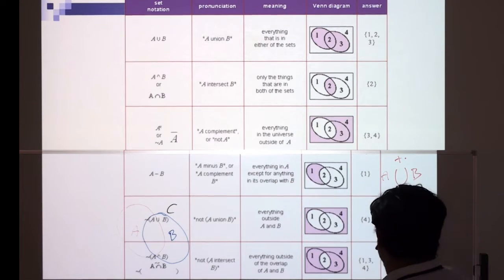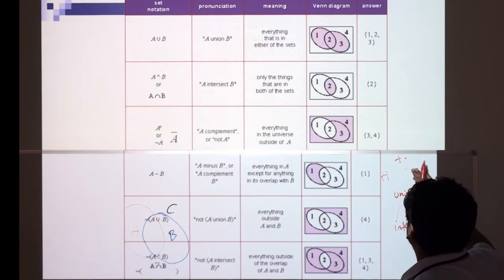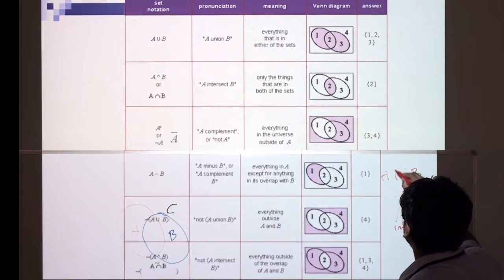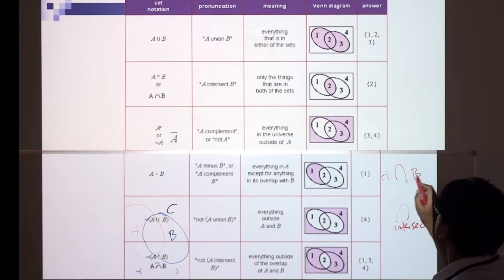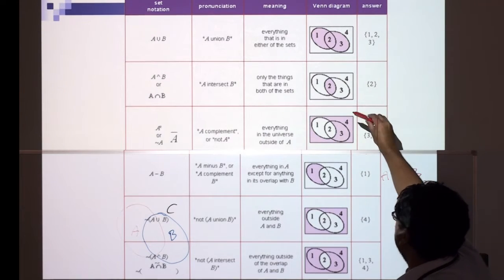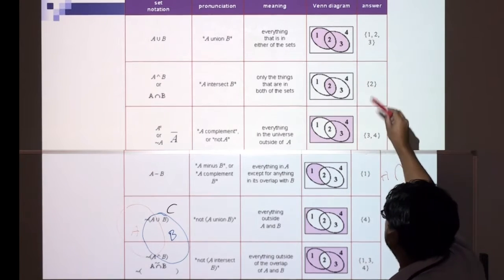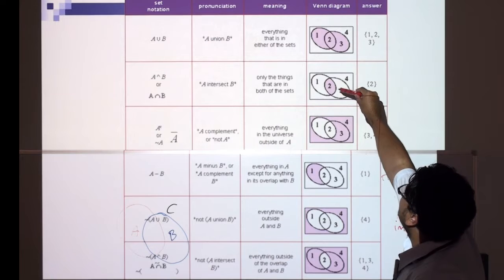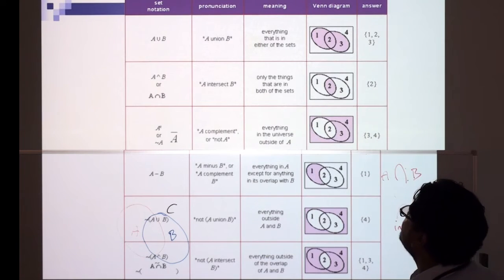Another important one we have is intersect. A intersect B: only the things that are in both of the sets A and B. There's only one number in A and B, and that's 2. 2 is in A, and 2 is also in B. So we've highlighted that central region pink, the answer 2.